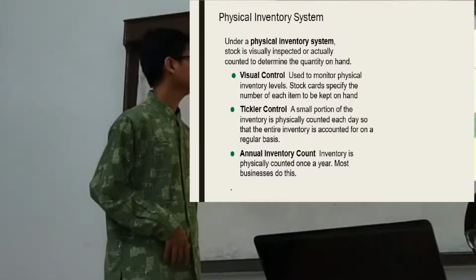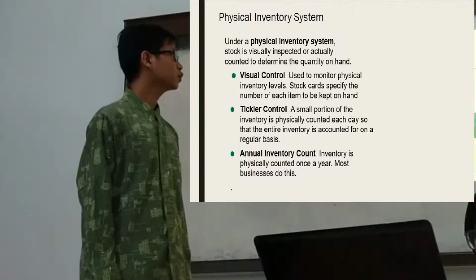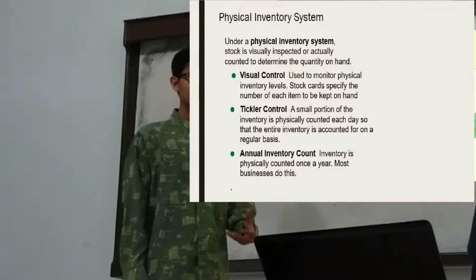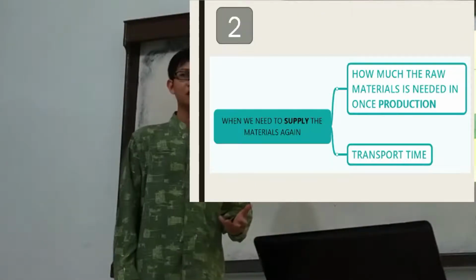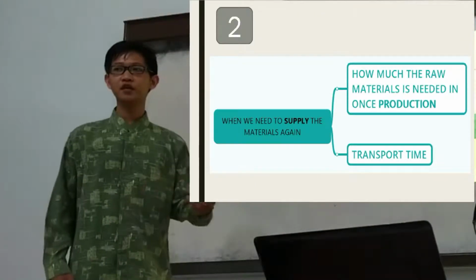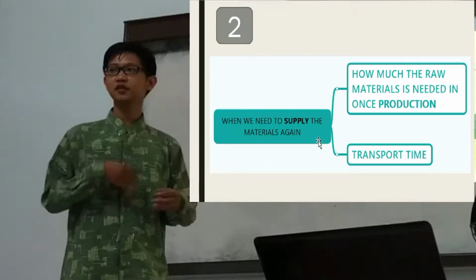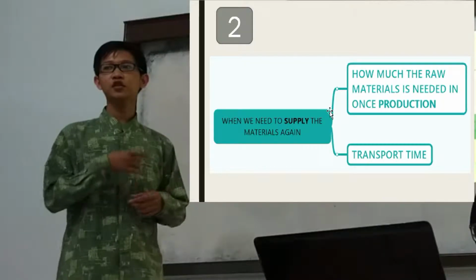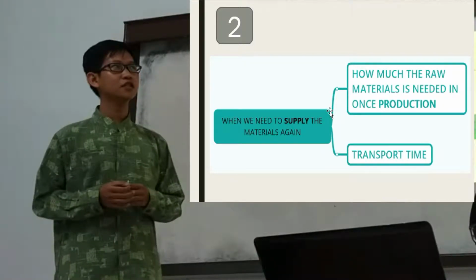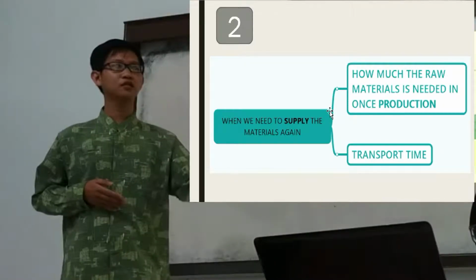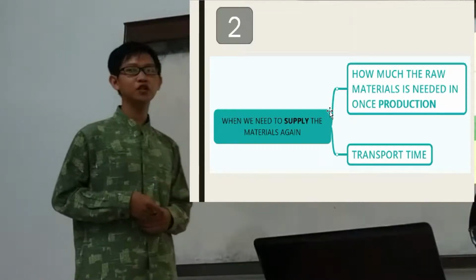And the next, when we need to supply the material again. In production, we need to supply the material not just once, but many times, because the process is a continuous cycle, not just a line process.